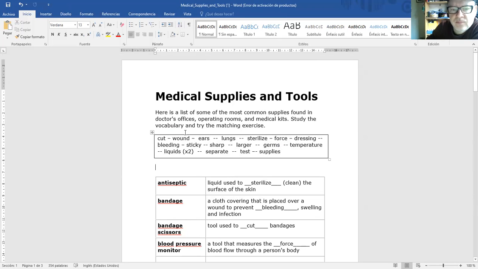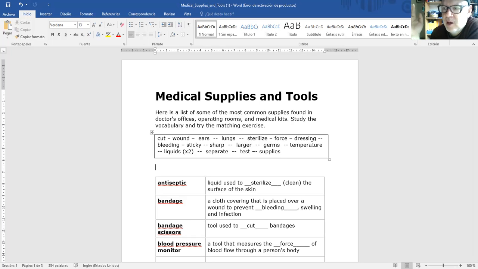Cut. Wound. Herida. Ears. Lungs. Pulmones. Sterilize. Esterilizar. Force. Dressing. Eso es una cubierta. Generalmente los vendajes, a las gasas se le dice dressings.